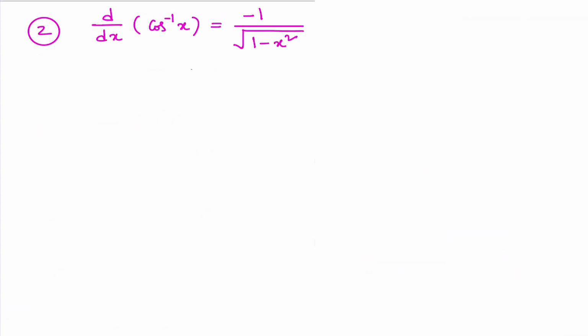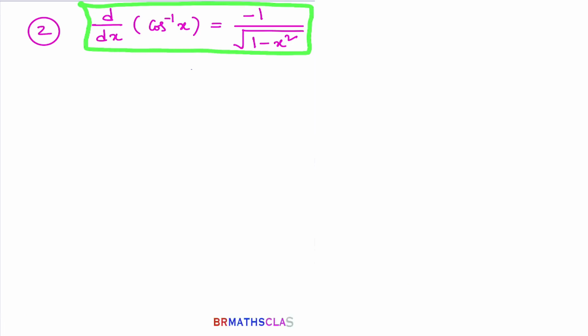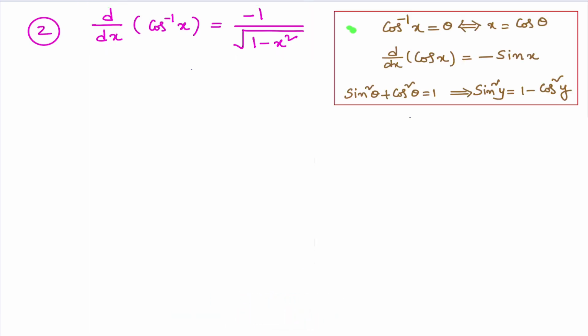Now you see this second result, d by dx of cos inverse x is minus 1 divided by square root of 1 minus x square. This we learned as a formula in first class. In this class I am going to derive this result. First we will see the formula box. What formulas we are going to use while proving this result. You observe this first one. Cos inverse x equal to theta if and only if x equal to cos theta.